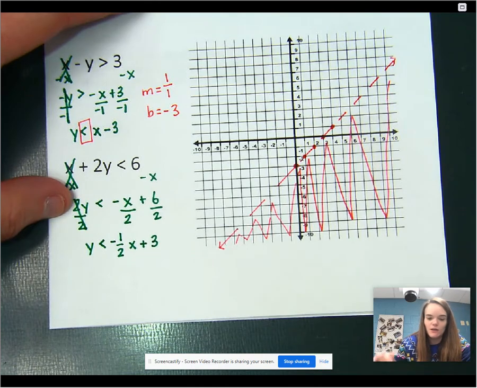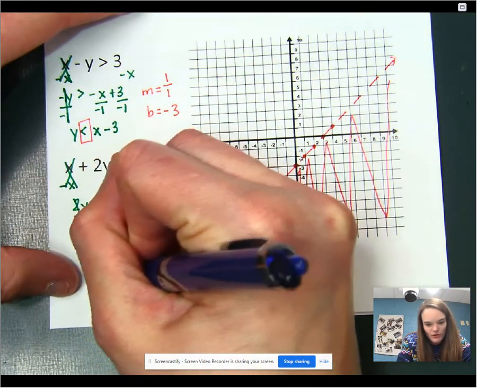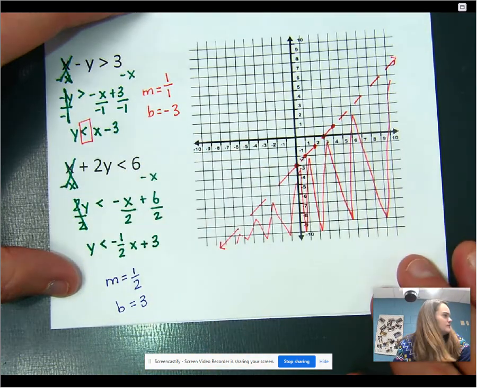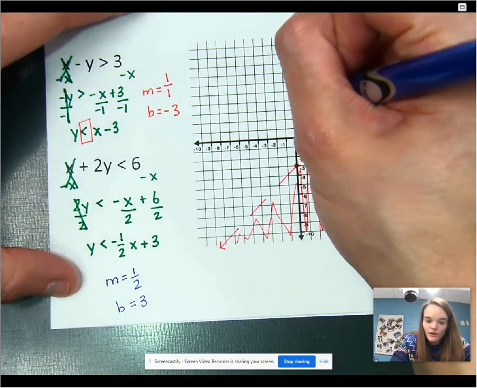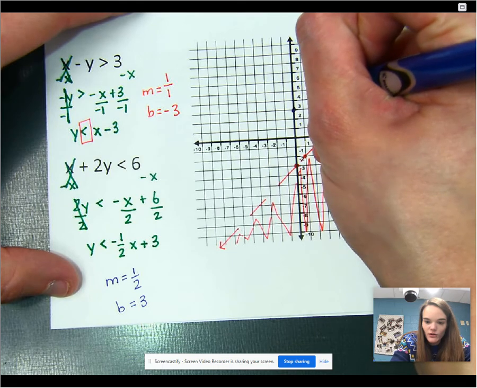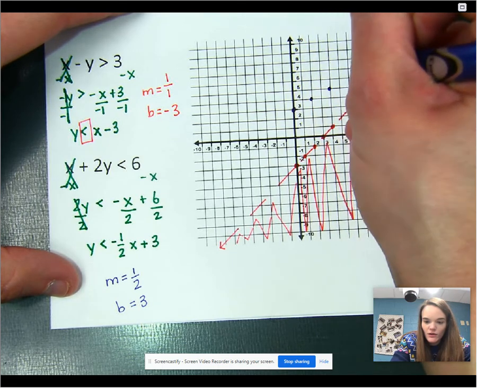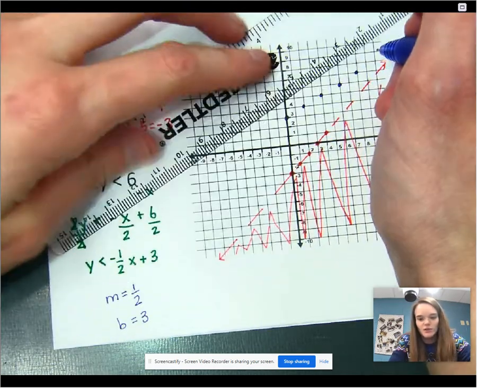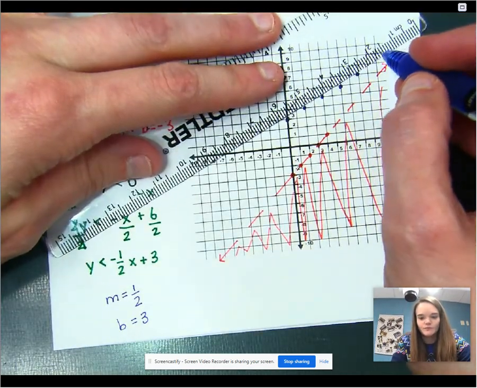The slope is negative 1/2. The y-intercept is 3. So go to 3, go down 1 over 2. This is a dashed line because there is no or equal to symbol.